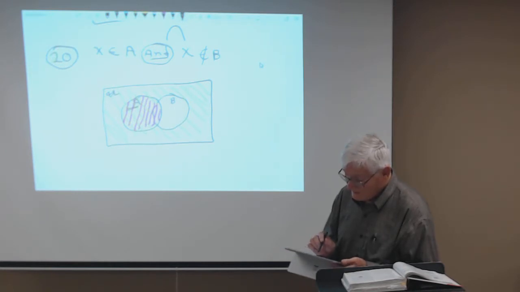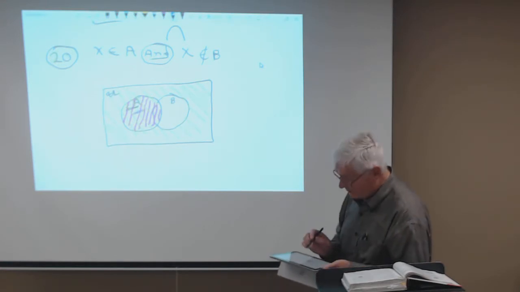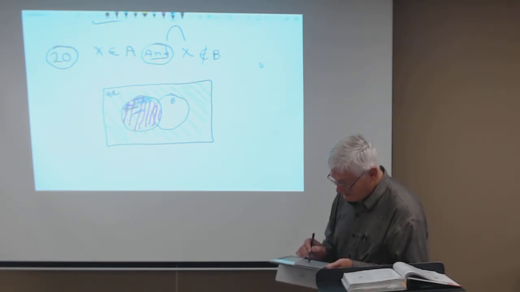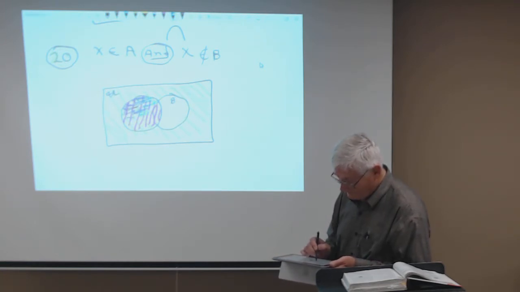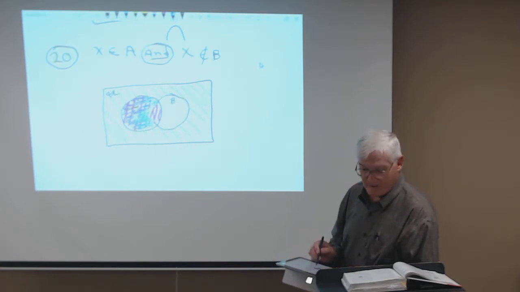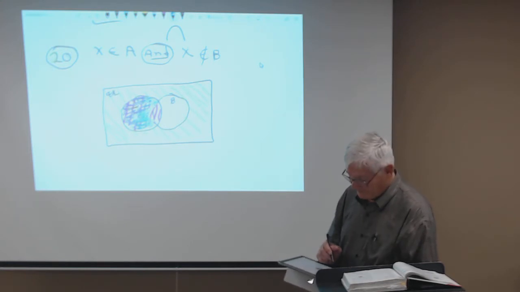No. Purple. Okay, I'll use purple. So every place I have red and green, I color it purple. And do you notice? I don't color that little Pac-Man bite out of there, because it doesn't have green in it. It only has red. Okay?